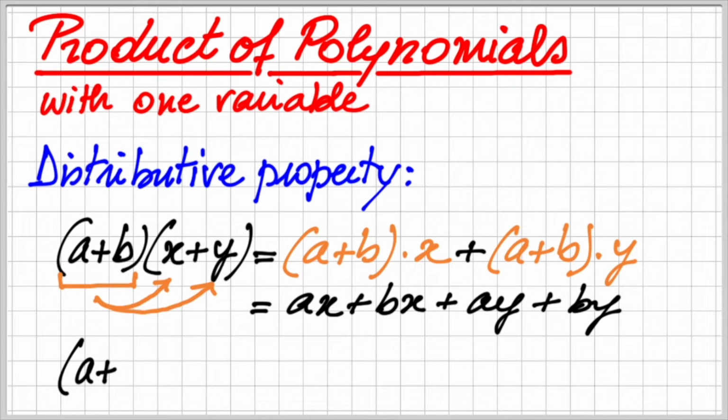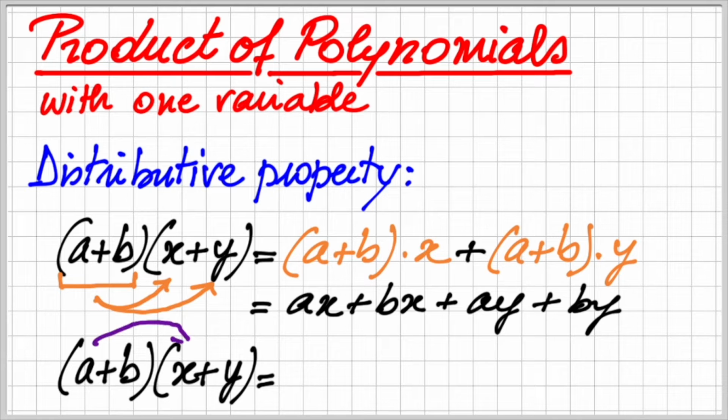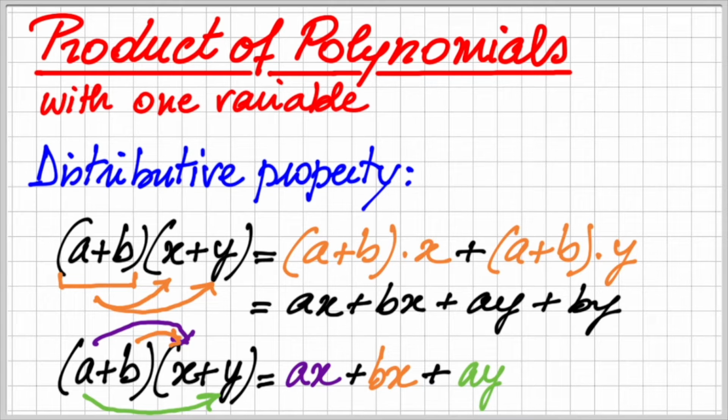We can also do that in a different way: we first multiply a with x, which gives us a times x. Then we multiply b with x. Then we multiply a with y and b with y, and we find basically the same result, ax plus bx plus ay plus by.